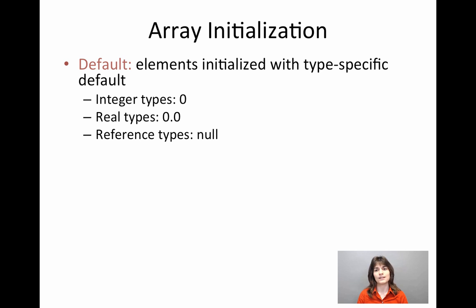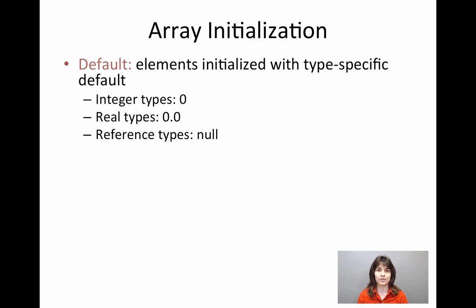But by default, the elements of an array as well are initialized with their type-specific default. If we have an int variable and we don't initialize it, the default initial value will be 0. If we declare double y semicolon, we don't give an initial value, Java will assign an initial value to that variable, and that will be 0.0 because it's a double variable.